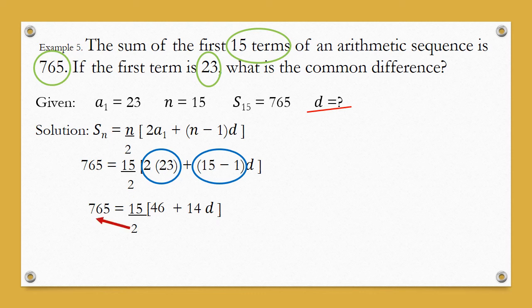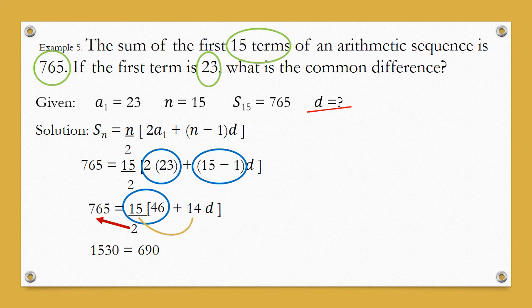So this time, what we will do is cross multiply. 765 times 2 is 1,530. Then multiply 15 times 46 is 690.